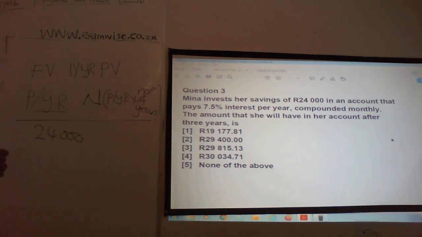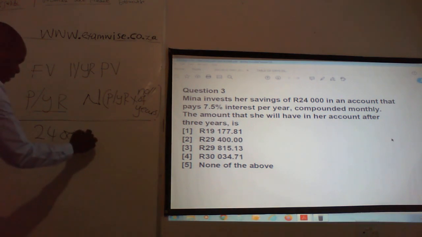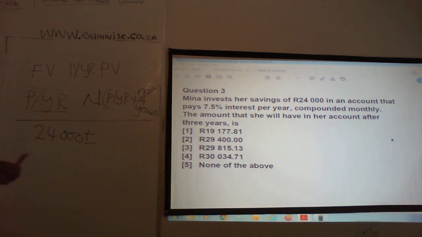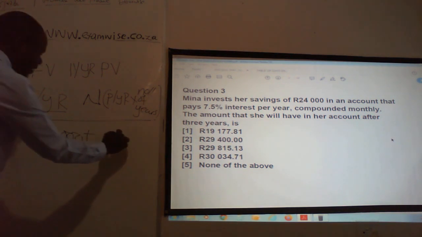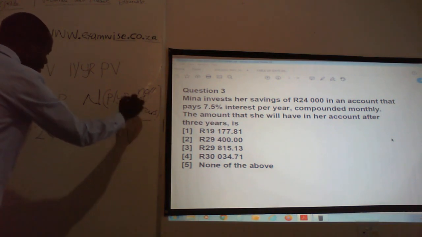With our HP, we start with the amount, then we press present value. If you still remember, present value is always entered as negative. So once we press 24,000, we must press plus or minus to make our present value negative.